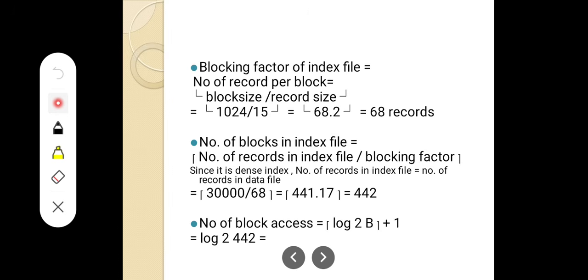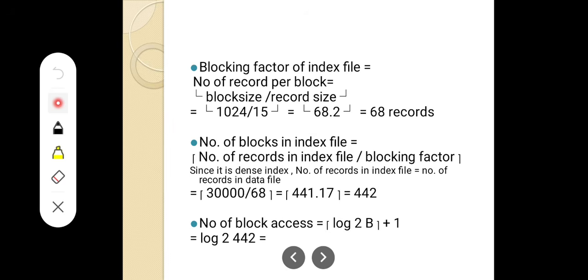Next, what is the block access required? How to compute the block access? Ceiling function of log b to the base 2, where b is the number of blocks. This is not log 2b, this is log to the base 2, plus 1.